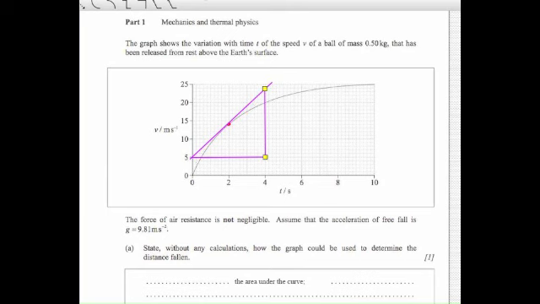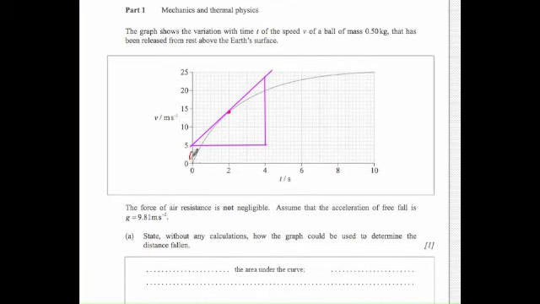So reading off the values here, the x value is changing from 0 to 4, and the y value is changing from 5 up to this value here, which is about 23.5.